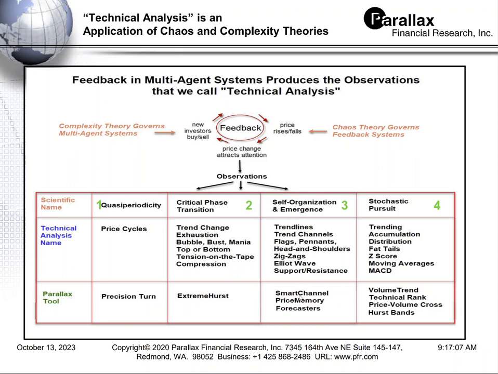Smart Channel is focused on statistically determining trend channels and trend lines. And then Volume Trend is our way of identifying strong trends in markets using volume and volume change. So we'll get on to the next set here.